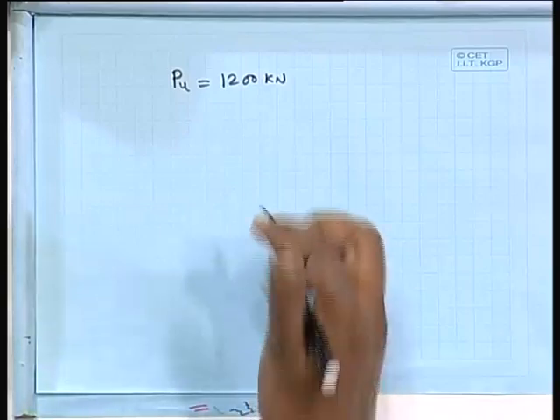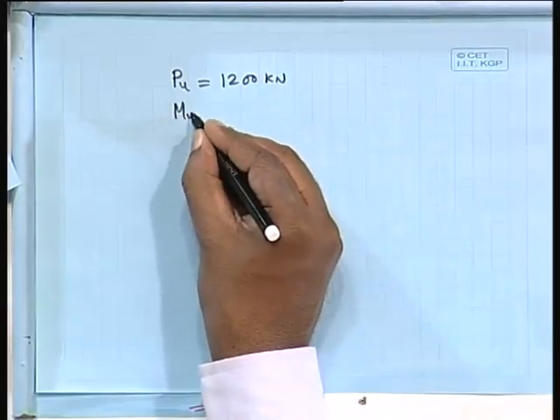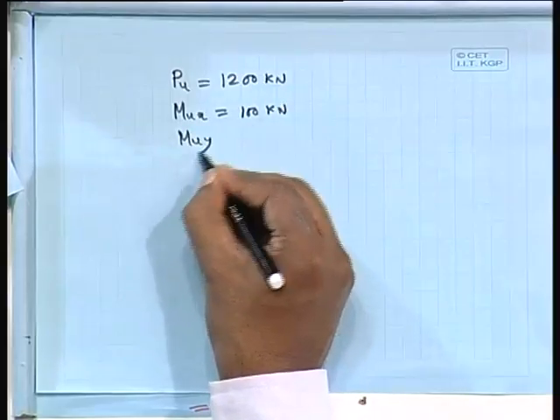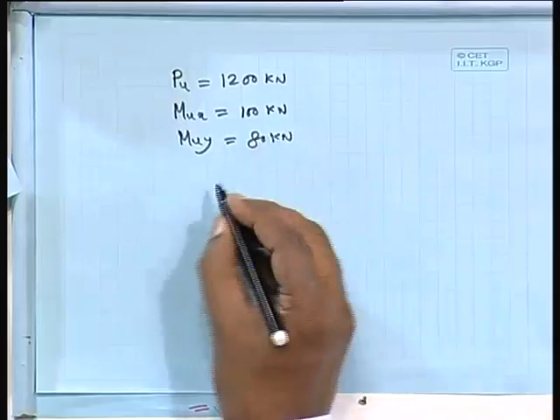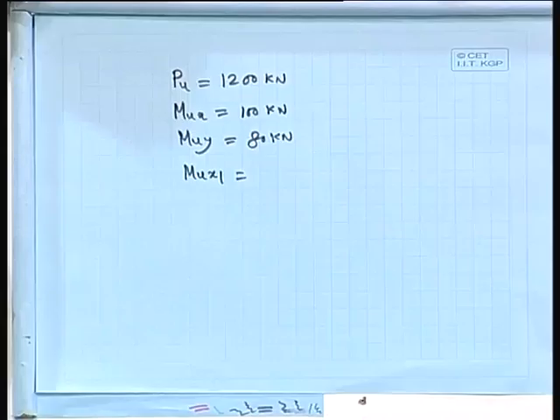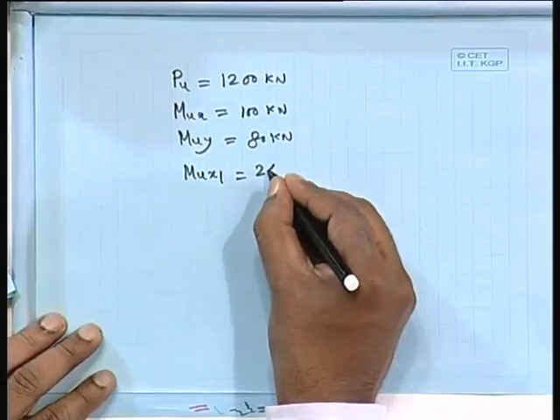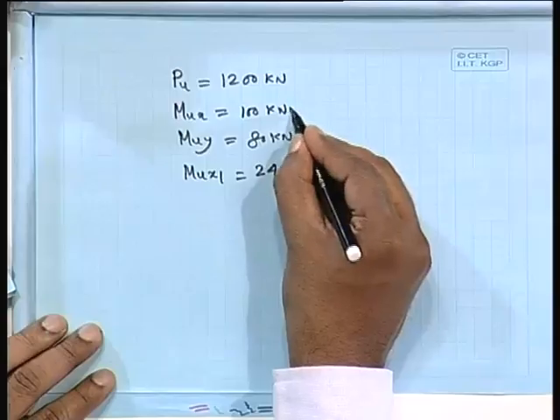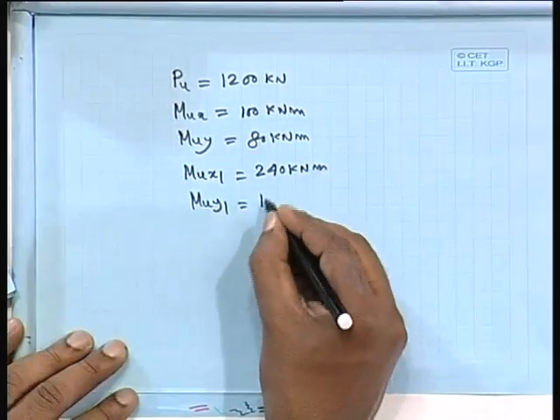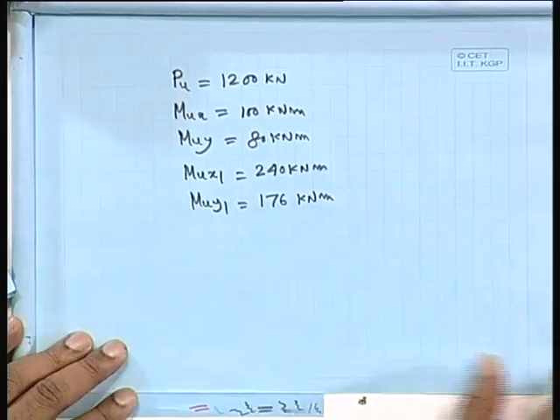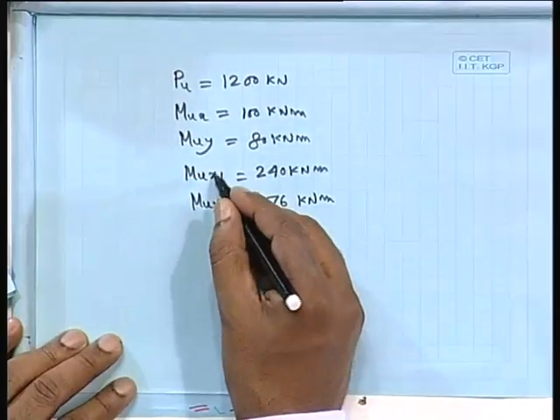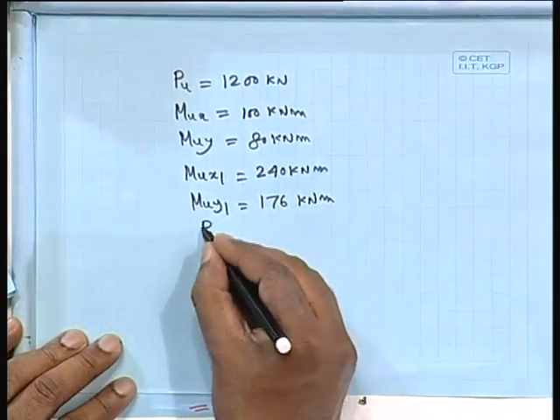Pu equal to 1200 kilonewton, Mux equal to 100 kilonewton meter, Muy equal to 80 kilonewton meter, Mux1, how much have you got Mux1? 240 kilonewton meter. And Muy1 176 kilonewton meter. I think I am going out of paper. Okay, Mux1, Muy1, and Puz.